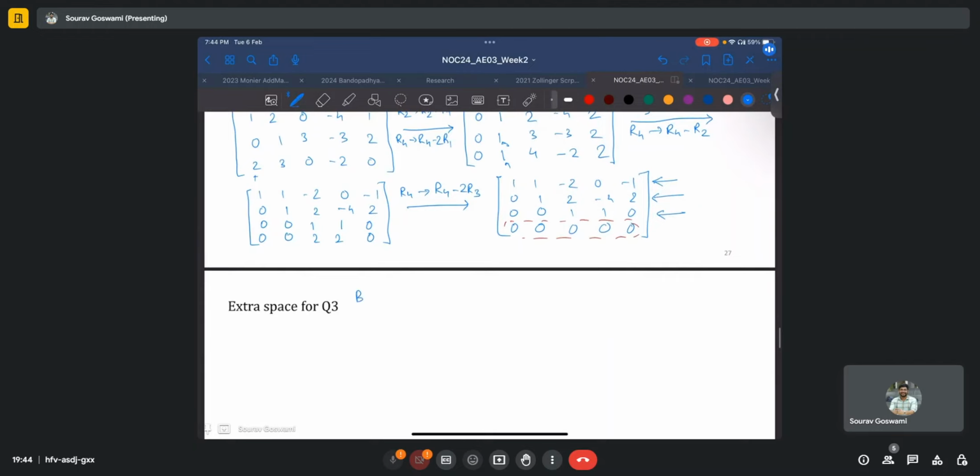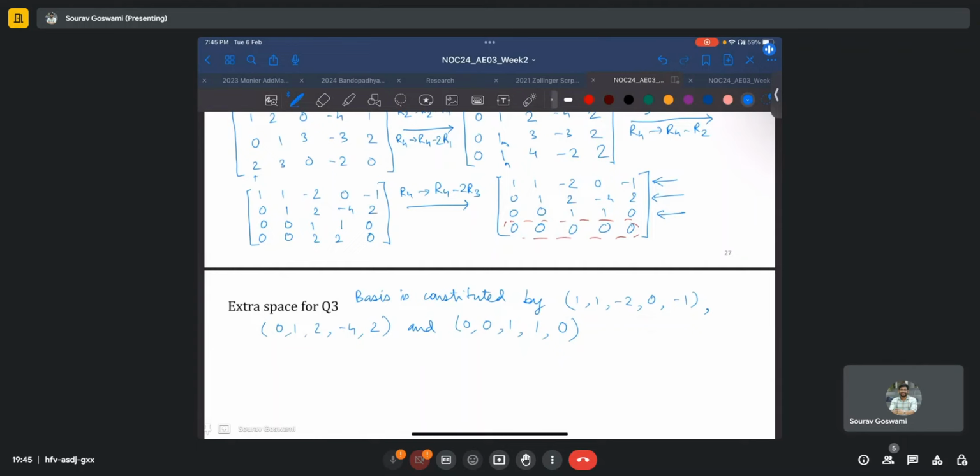So the basis is constituted by (1, 1, -2, 0, -1), (0, 1, 2, -4, 2), and (0, 0, 1, 1, 0).